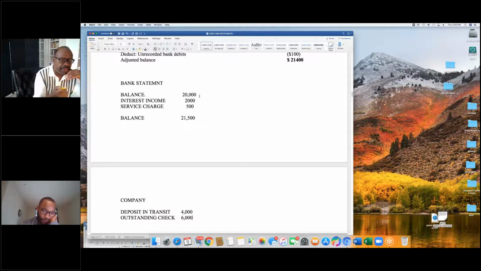You're going to use the information, and I just got to make a couple calculations on the company side to finish them up. But you work on the bank reconciliation now. What does the company say its balance is? I got to get that. You've got enough information up at the top.